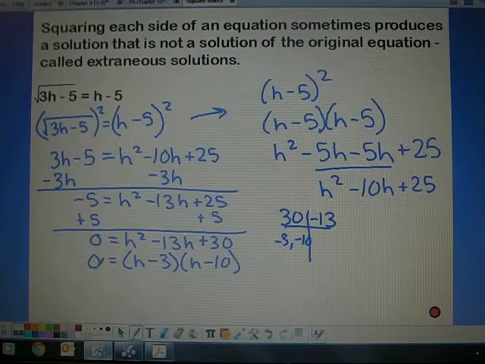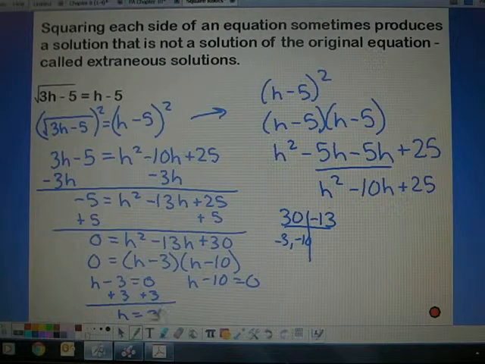Since it's equal to 0, I now have to set each of them equal to 0 and solve for my variable. So adding 3 to both sides, h equals 3, add 10 to both sides, h equals 10.